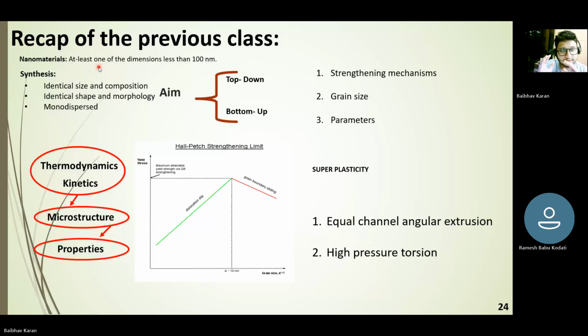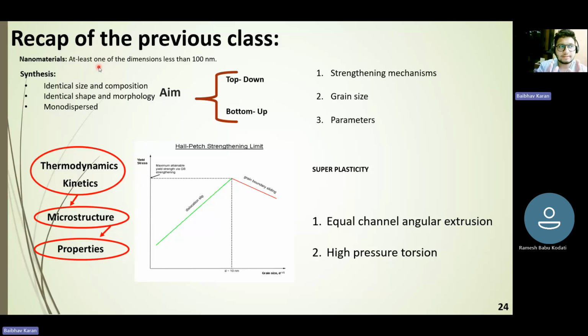So the synthesis of these materials is challenging, and we require the material to be pure. The main aim of synthesizing nanomaterials is to get identical shape, morphology, size, composition, and monodispersed particles. This is quite difficult to achieve.